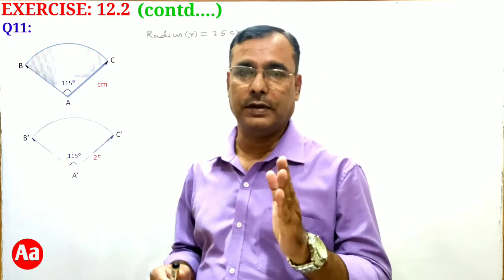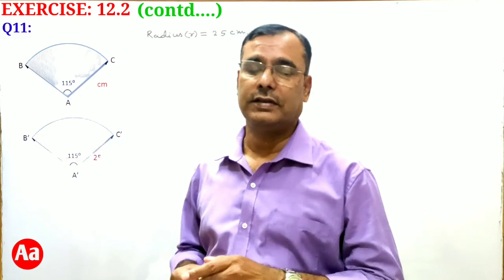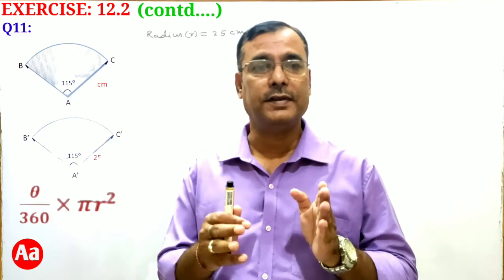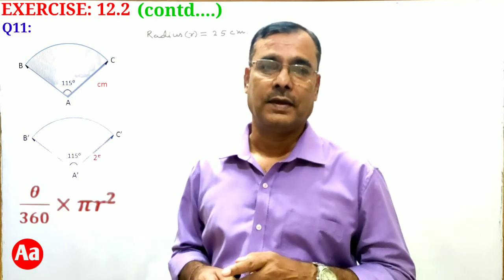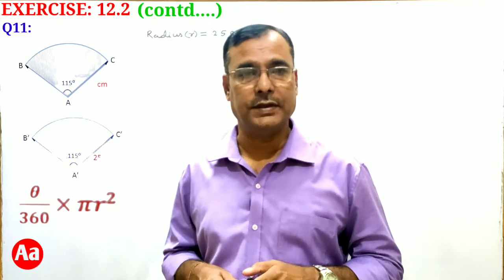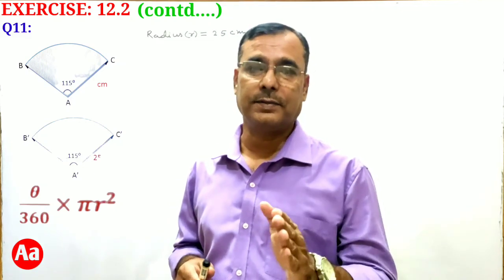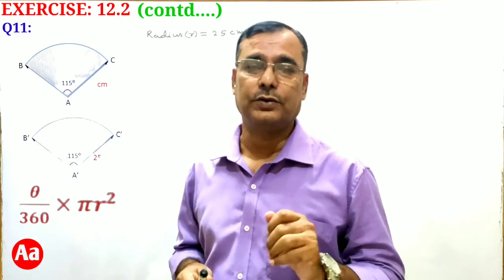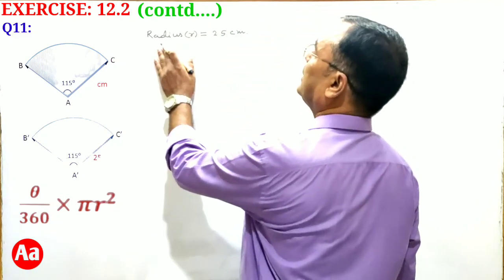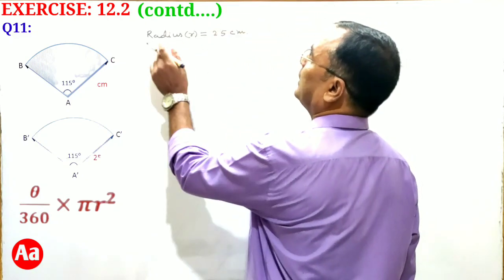So when a wiper cleans out some area, that area is always in the form of a sector of a circle, and here length is 25 centimeter, so that will be sector of a circle of radius 25 centimeter. So that's why we are writing here radius R equal to 25 centimeter.